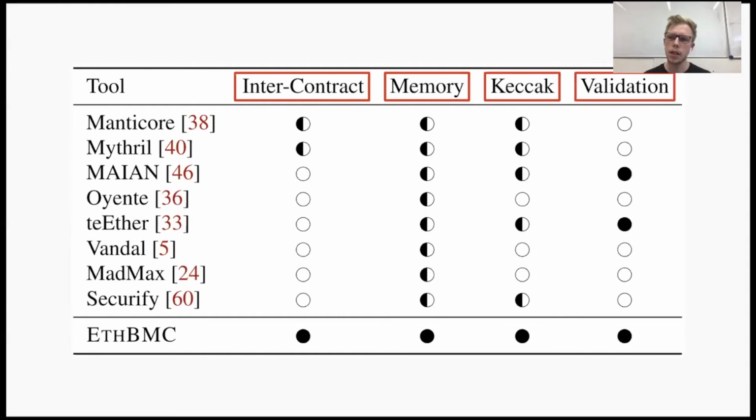And then finally, we found that a lot of tools lack validation. During program analysis, you have to use some kind of over-approximation, right? We do a more precise analysis of Keccak, but we still, to some degree, have to over-approximate, because if we could reason about the outcomes of Keccak, we could also break Keccak, right?